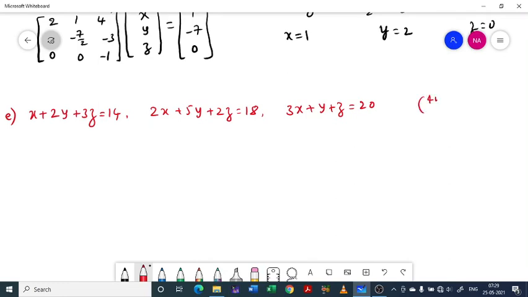And the solution you need to get is 40 by 7, 2 by 7, 18 by 7.